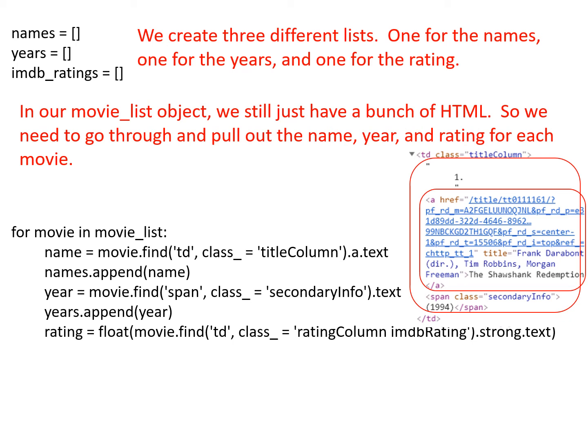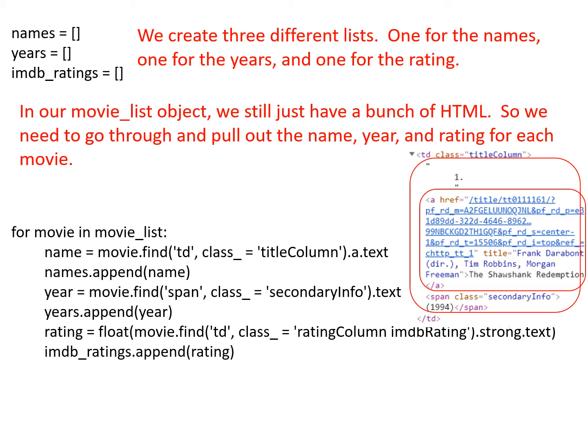That's just a number that might have decimal points in it. That's what it means if we call it float. So we're getting all of that, changing it into a decimal number, and then calling that rating.